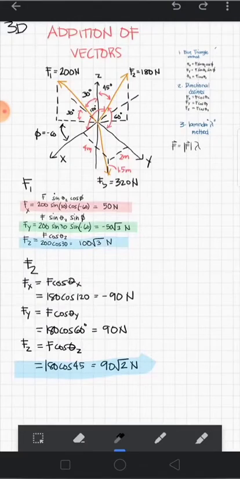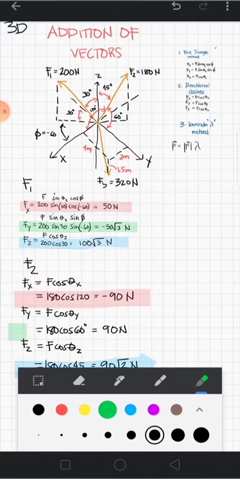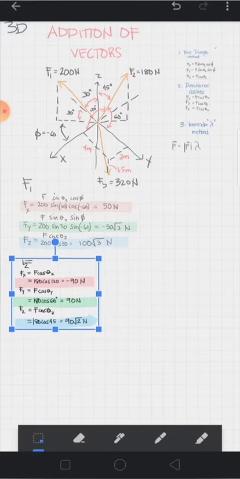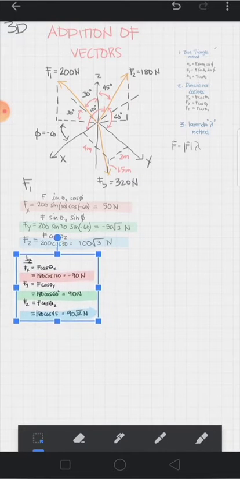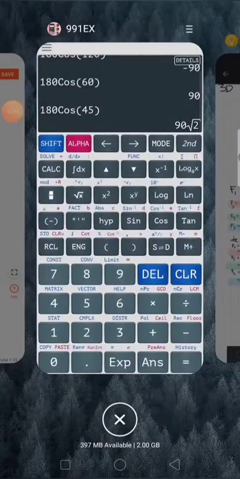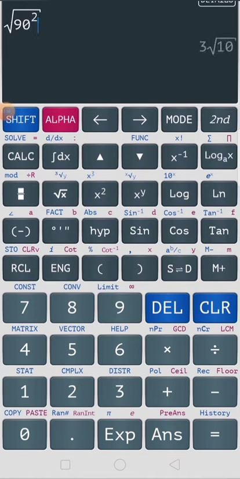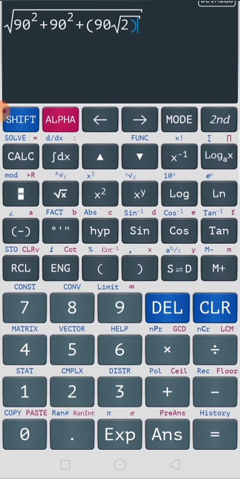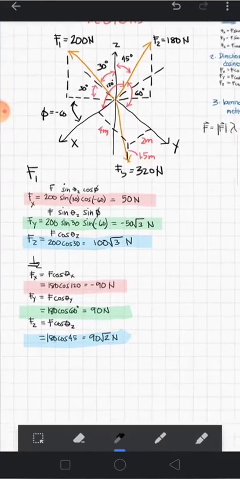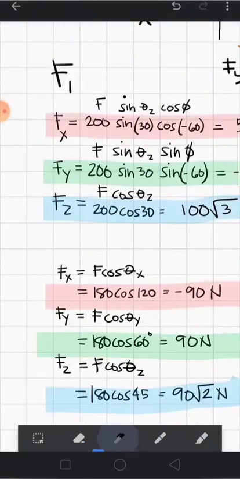So we got all correct answers here. Then check the values if it goes back to the force, which is 180. So if we try it, 90 squared plus 90 squared plus 90 square root of 2 squared, so it's 180. So our force here is 180. So we're done with force number 2, F2.